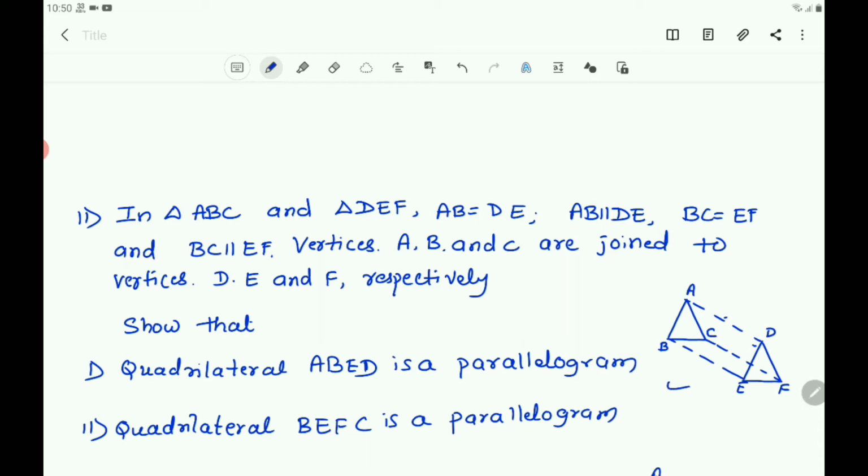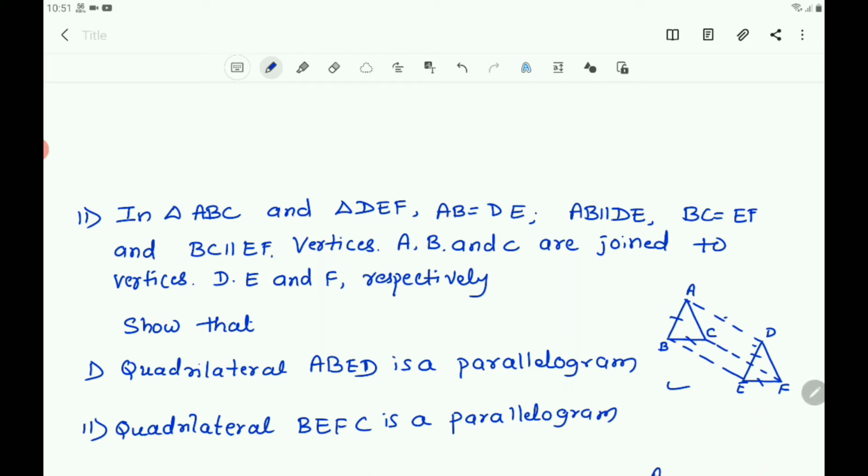Now here you observe the figure. What is given? Here ABC is one triangle, DEF is one triangle, and also it is given that AB equals DE and AB parallel to DE, and BC equals EF and BC parallel to EF. And the vertices of triangle ABC are joined to the vertices of DEF respectively.